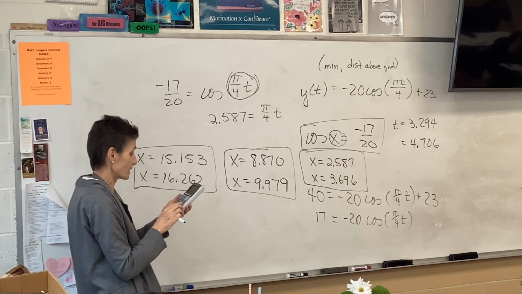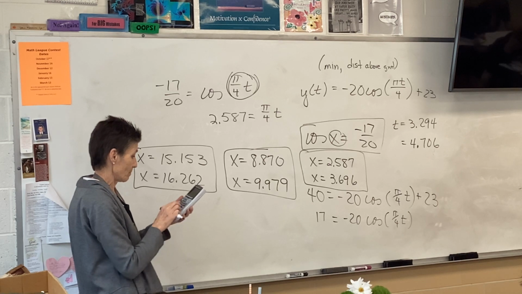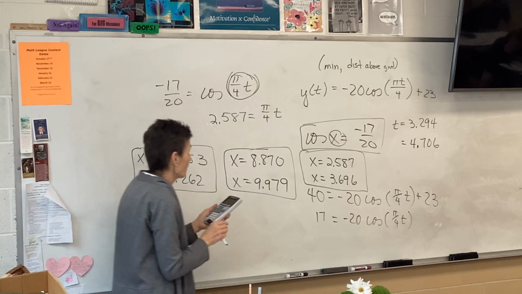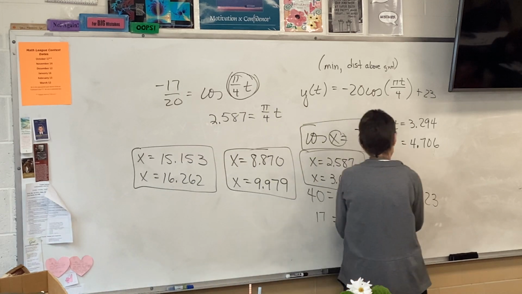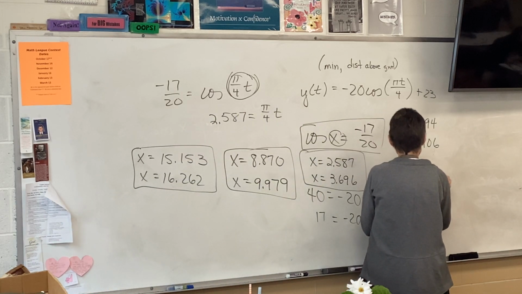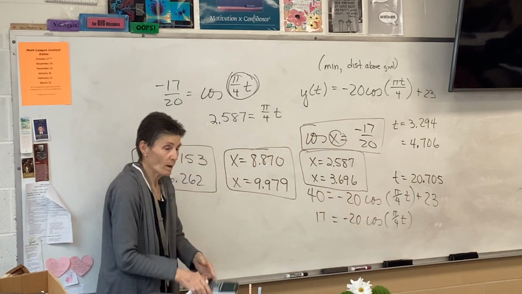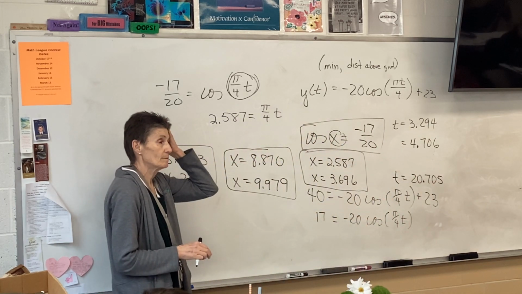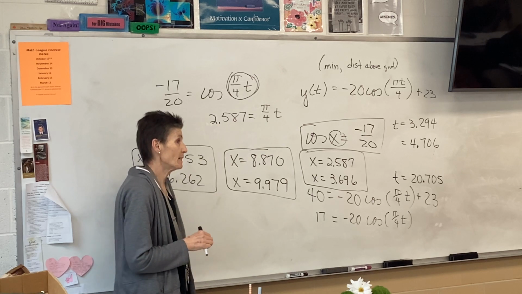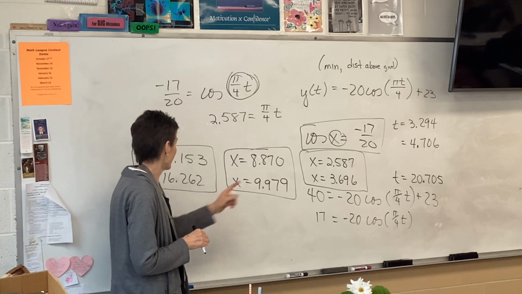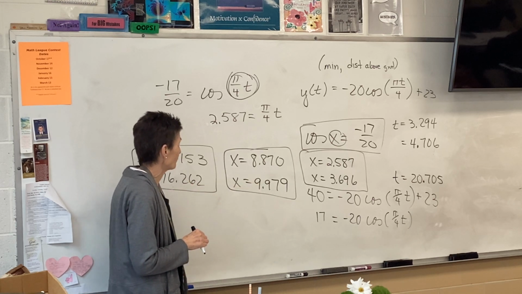I'm going to just check something. Times 4 divided by pi. The last one works out to be 20.75. Remember, when did the ride end? 24 minutes. I just did the last one to make sure it was in that interval.